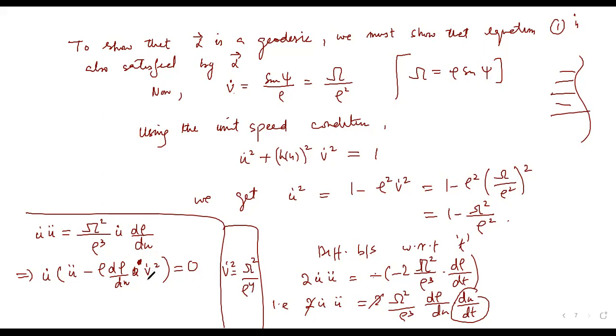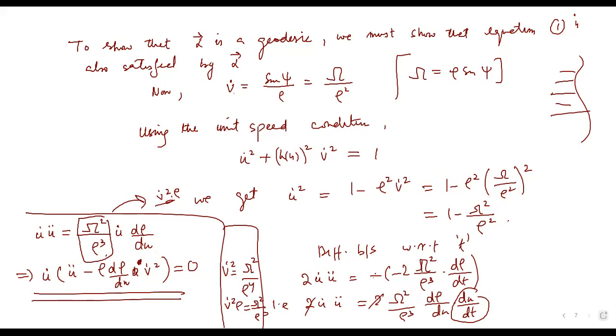If I replace with v dot square, omega square by rho 4, you will get omega square by rho cube, that is, instead I wrote v dot square multiplied by rho, which will be omega square by rho cube. So this is my equation.